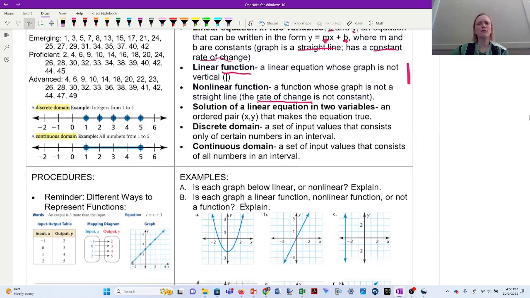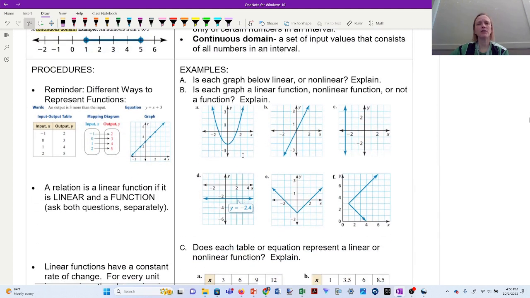So let's look at a few graphs and decide if they are, first of all, linear or nonlinear. Are they a straight line or not a straight line? And then we'll decide if the graph is a linear function, a nonlinear function, or not a function at all. So let's look at these examples.